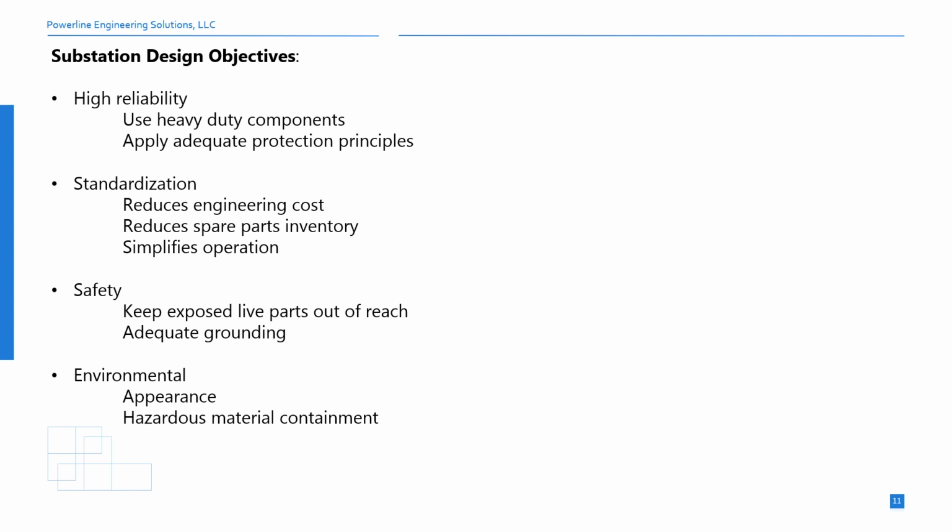This reduces overall engineering cost across multiple substations, as well as reduces spare parts inventory and simplifies O&M. Finally, it must meet and sometimes exceed all applicable safety and environmental requirements. This includes the local, state, and industry standards.